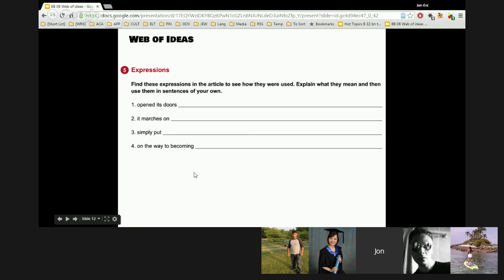So we have opens its doors. We have marches on. Tell me if you've heard these before. Simply put, on the way to becoming. Maybe marches on is the easiest of the group.